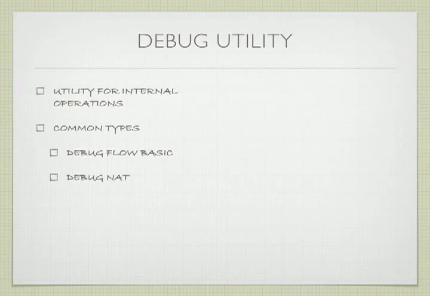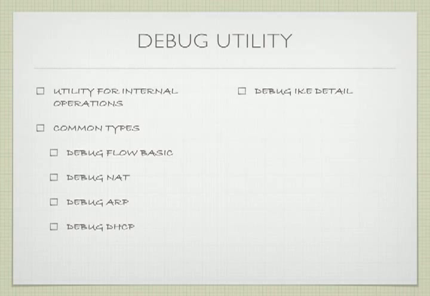Debug NAT will allow you to look specifically at NAT operations. Debug ARP is looking at the layer 2 ARP operations and how those tables are handled. Debug DHCP is available for troubleshooting DHCP requests that aren't completing their whole negotiation.